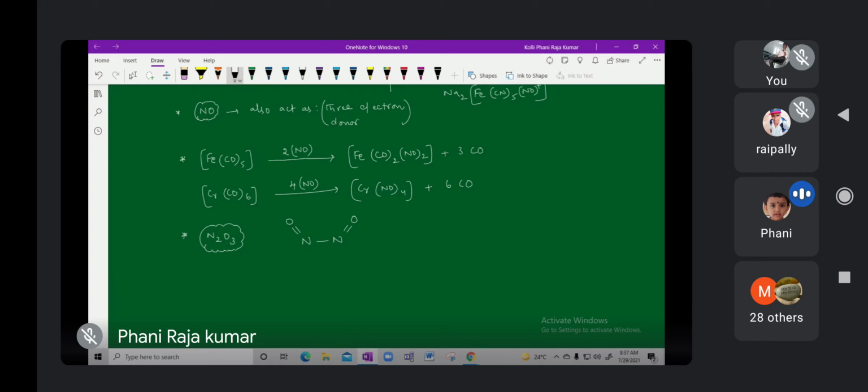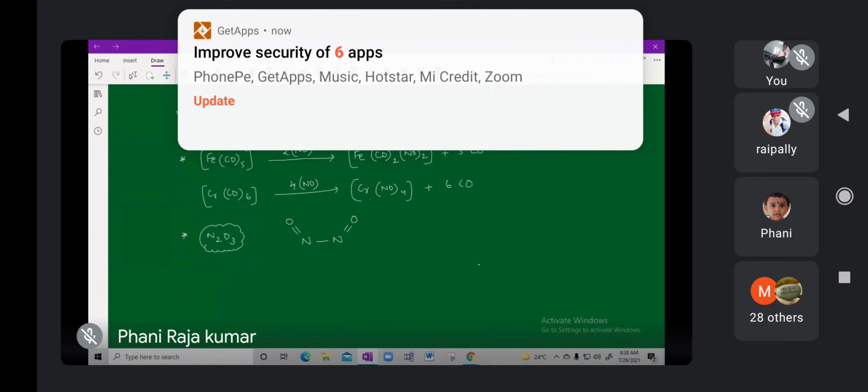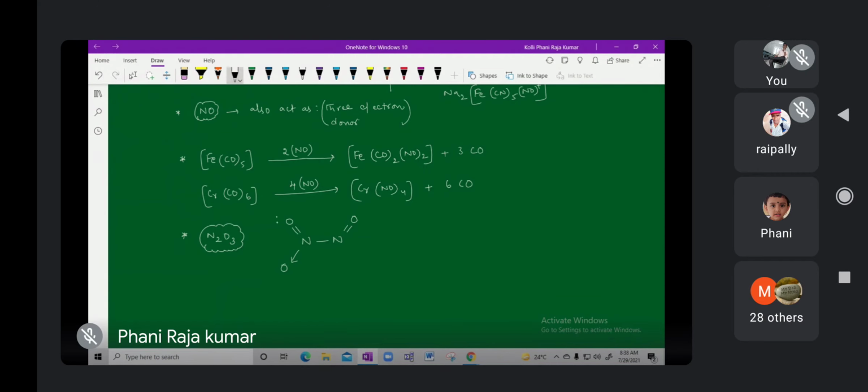It won't form 5 bonds. It forms only 4 bonds maximum. That too, the fourth bond is formed by nitrogen as a dative bond only. So, dative bonded oxygen. Then this oxygen carries 2 lone pairs, this oxygen 2 lone pairs, this nitrogen 1 lone pair, whereas the dative bonded oxygen has 3 lone pairs.